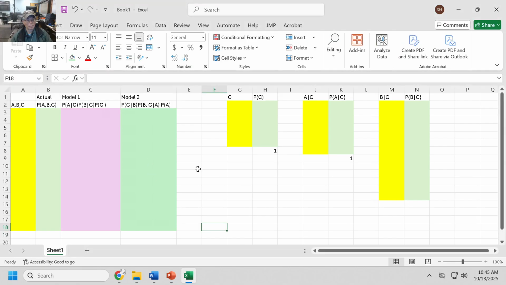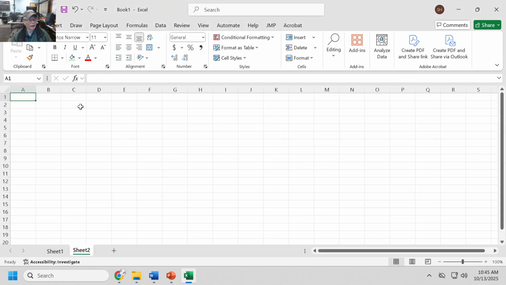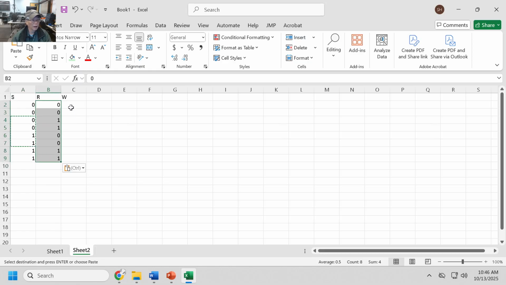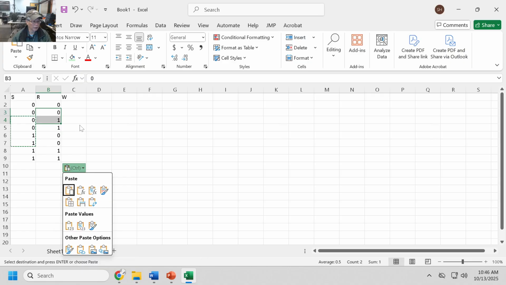right? You can build an experimental design and say that I can have S, I can have R, I can have W. And then you basically say that sprinkler is not on is 0, and is on is 1.